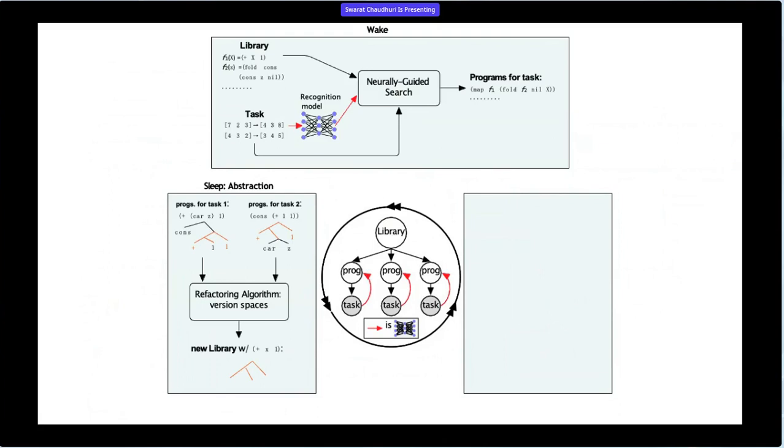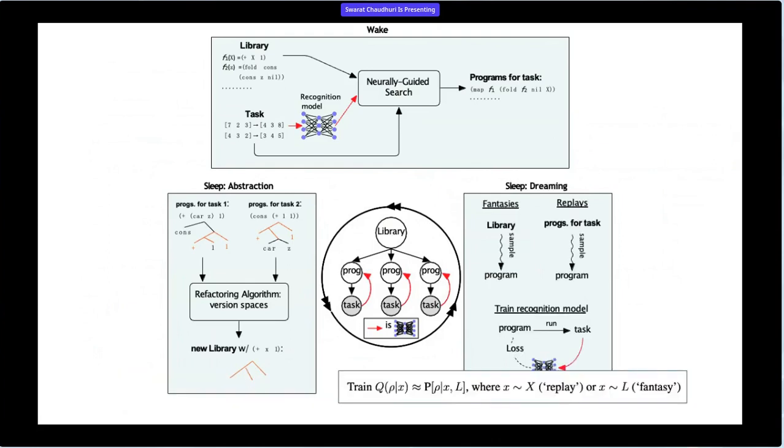And this is where PL techniques really play a key role in actually allowing you to do that symbolic reasoning. This is purely symbolic reasoning that is needed in order to identify these common structures.